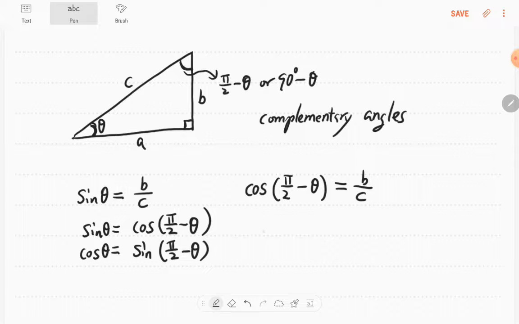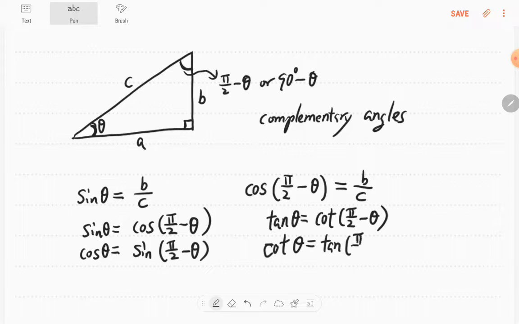And we have tangent theta is equal to cotangent pi over 2 minus theta, or cotangent theta is the tangent pi over 2 minus theta.